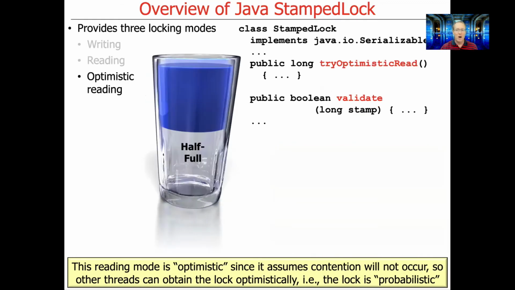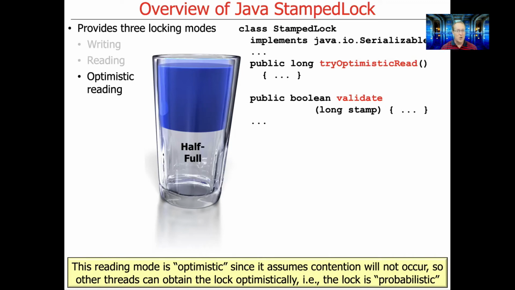And then the final mode, which is really the different one, is optimistic reading mode. This is optimistic since the assumptions based on its use case assume contention will not occur, so other threads can also obtain the lock optimistically. And what we're going to talk about when we go through this in more detail and look at some examples is that optimistic reading mode is a probabilistic lock, which means we think it might not encounter contention.